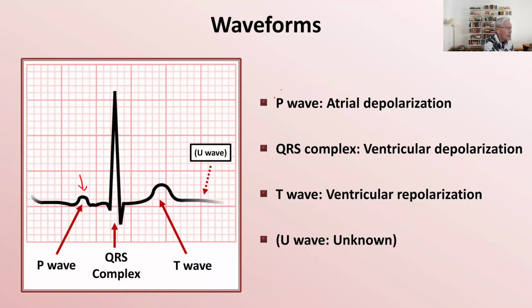That's very important. When you see a P wave, then you know that the atria has depolarized, and depolarization leads to contraction. So what's the difference between depolarization and contraction? Depolarization is an electrical event.